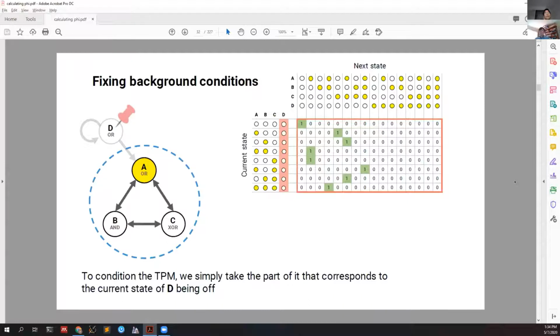But the point Yota was making is that we might initially consider the whole network as our potential system of interest, and then move to considering smaller parts of the network as our system of interest, and then we want to fix the background conditions of the rest of the network when we're just considering a smaller network. Why we might be considering only a smaller network will become much more apparent when we get to Angus's parts later in the talk, in terms of calculating integrated information for particular subsets of some large network. But Yota's just pointing out that we can do it.